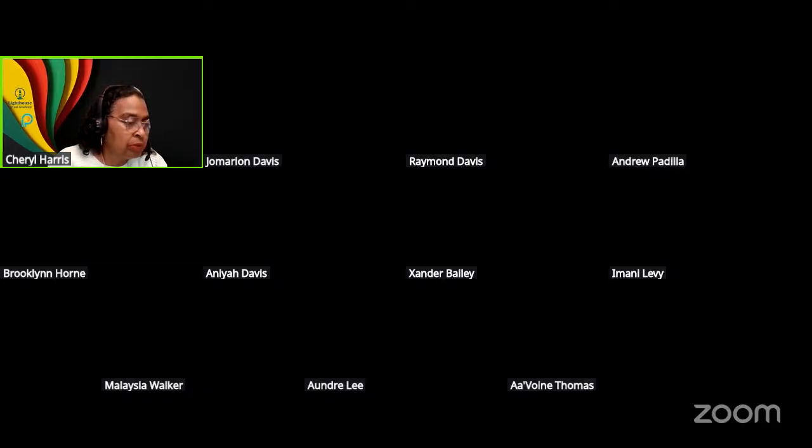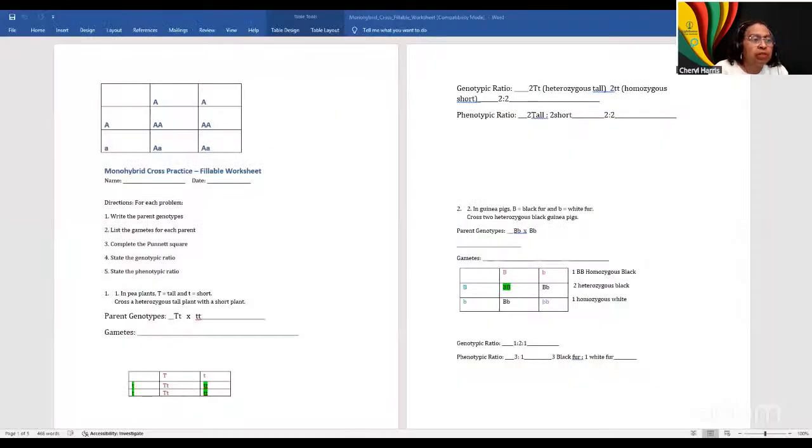I'm going to do this up at the top of the worksheet because it's going to shift everything. Mine is up as a Word document, and I'm not sure how y'all are pulling yours up, but you should be able to go up to insert a table.